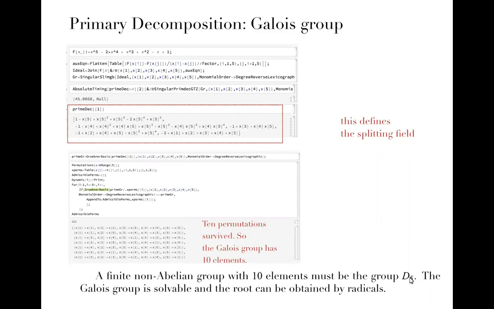And this is a solvable group. So although this is a degree 5 polynomial, the solution can be analytically solved by radicals because of this symmetry breaking. This example just shows that concepts like primary decomposition and primary ideals are quite useful for brute force computation.